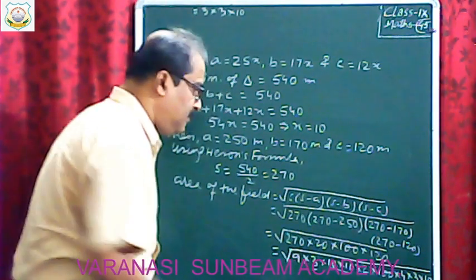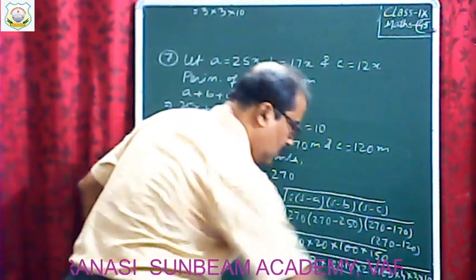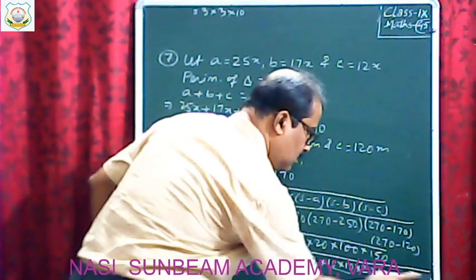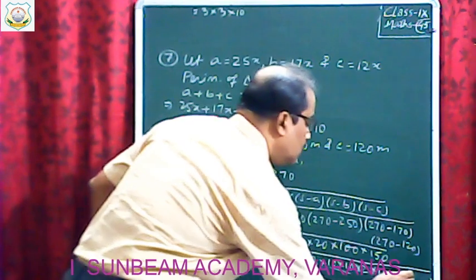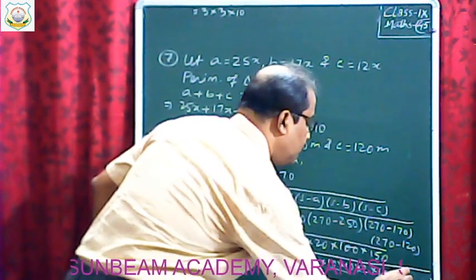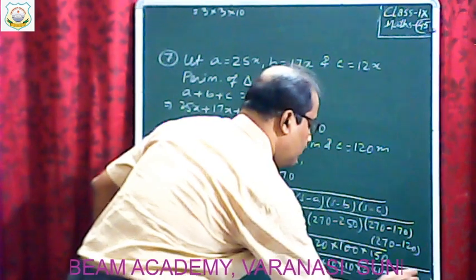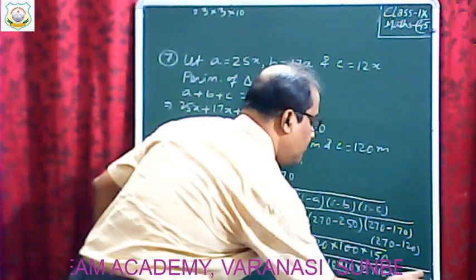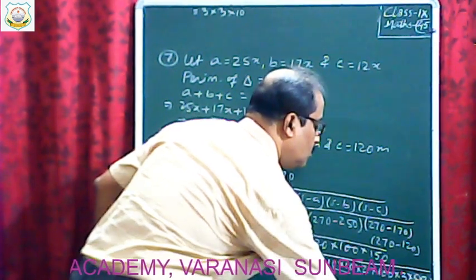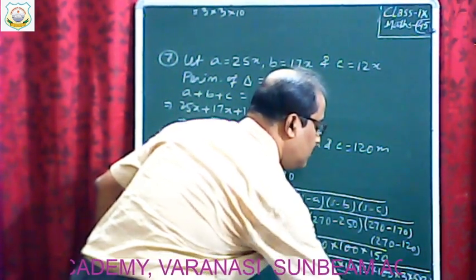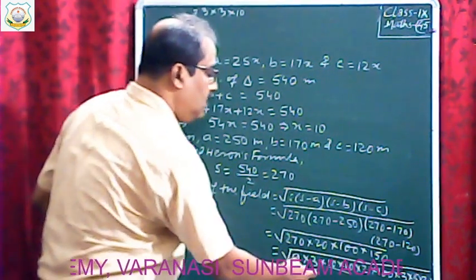This is 150, I think, no? 150. 150 means 15. So 15, 3 into 5, 15 into 2 into 5, 10. Okay. So finally, 9, 3.